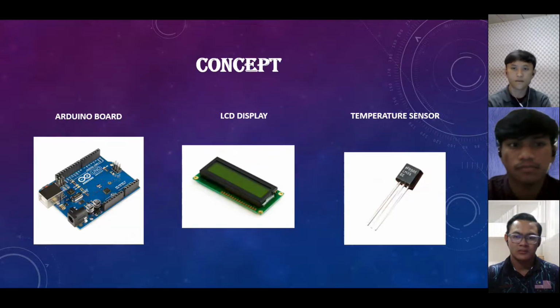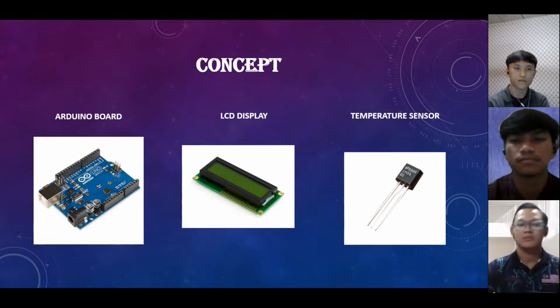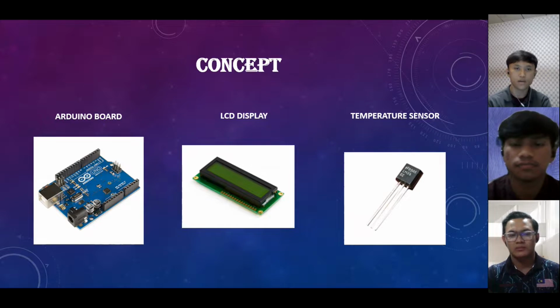Next. All right, for concepts and theories, we're going to use an Arduino board. For the Arduino board, we use Arduino Uno. Arduino Uno is a low-cost, flexible, and easy to use programmable open source microcontroller board that can be integrated into a variety of electronic projects.